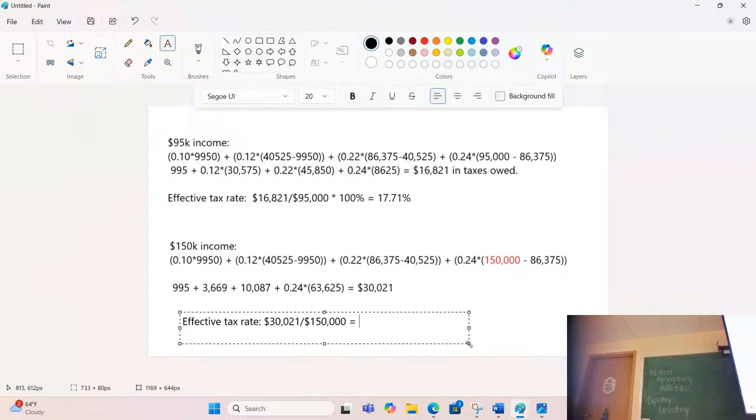But essentially, you don't have to do that process with 3,669 and 10,087.